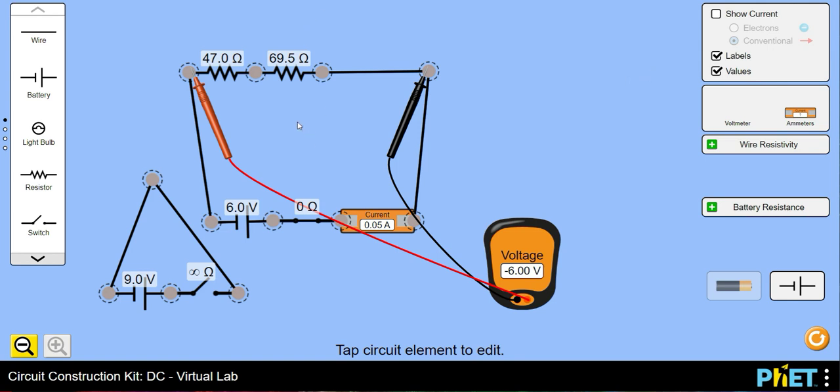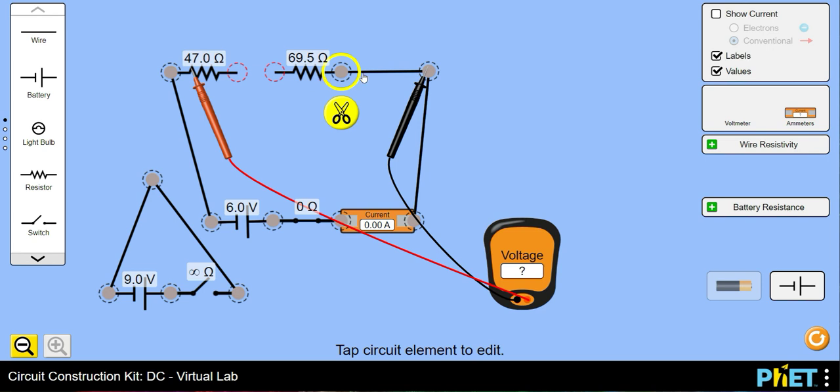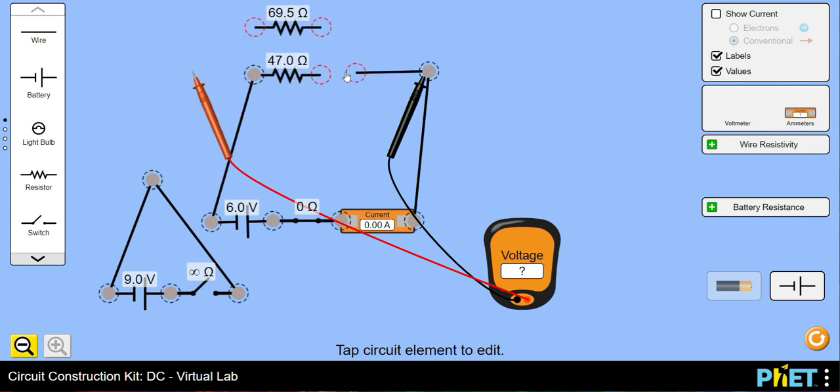A parallel circuit is a little different. Let me break this and this. I'll put this up here, I'll move this here, connect this here. And there.